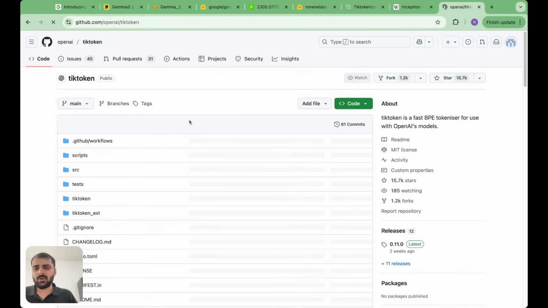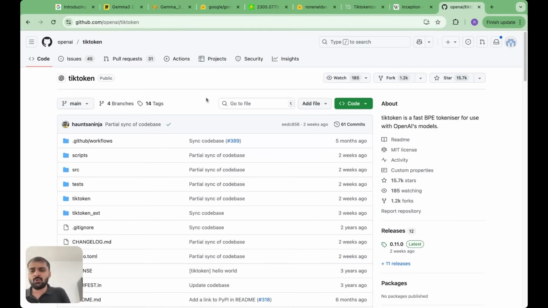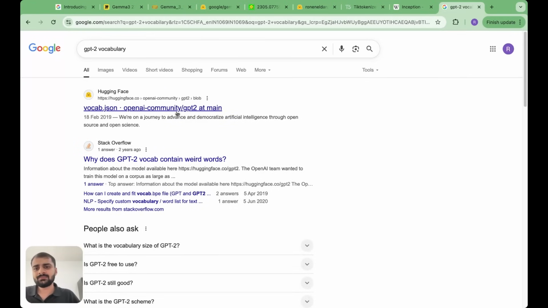This is a byte pair encoding tokenizer where if you give data, it converts it into subword tokens based on byte pair encoding. And in byte pair encoding, we have to specify a vocabulary size. I'm going to go with the GPT-2 vocabulary size, which is 50257. So if you go to the GPT-2 vocabulary, right?